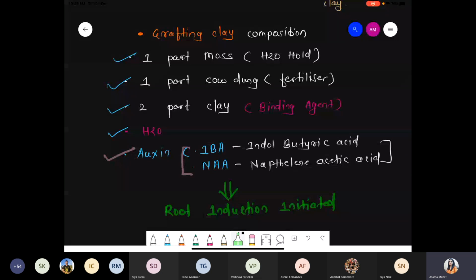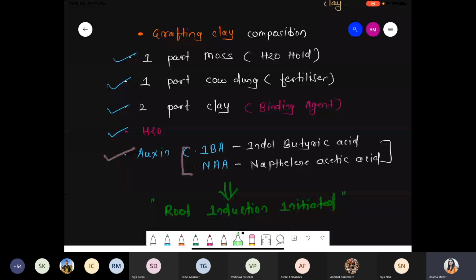And you know very well, once the root gets formed, ultimately there is formation of a new plantlet from the entire region. Such a technique is called gutti, also called air layering. What we saw yesterday was a natural method, that is soil layering.